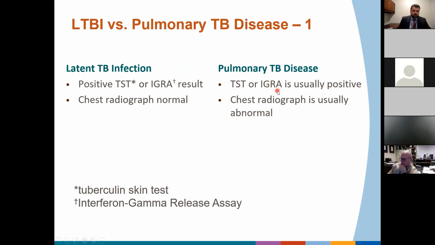And there are two thoughts of why this can be. One thought is that their immune system is overwhelmed, trying to fight the TB that's essentially overwhelming their system, and they're not reacting to it. The other thought is that the person has an error, an issue with their immune system where they're not fighting the TB.